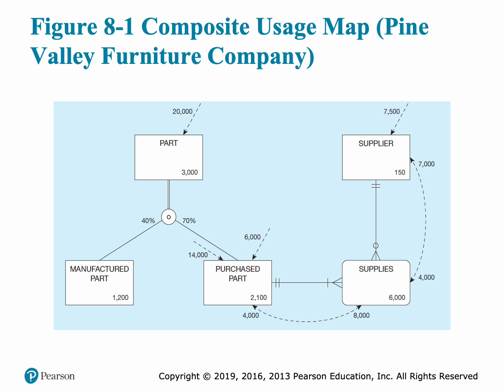The access frequencies are estimated from the timing of the events, transaction volumes, number of concurrent users, and reporting and querying activities. So usage analysis is 14,000 purchased parts accessed per hour, 8,000 supplies accessed from these 14,000 purchased parts accesses, and 7,000 suppliers accessed from these 8,000 supplies accesses.